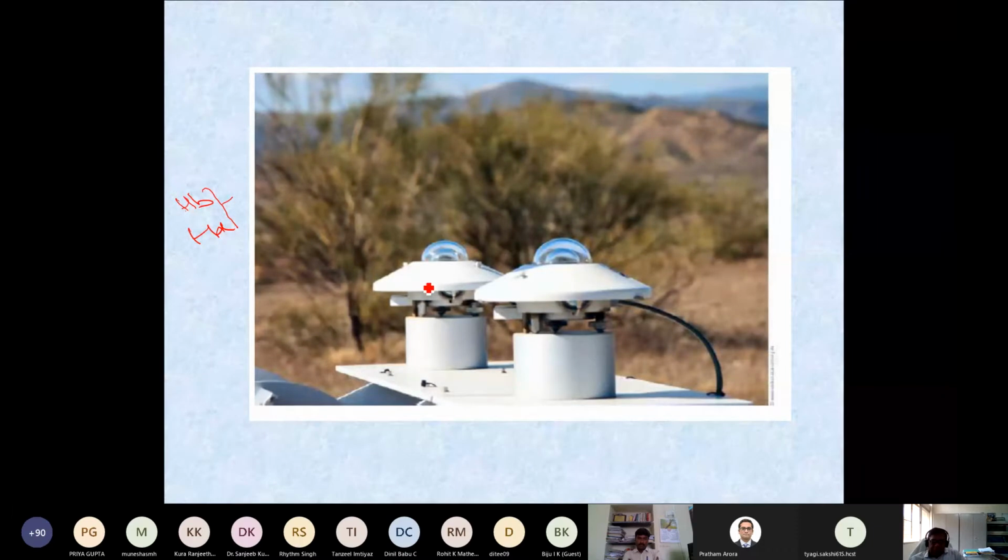How? They use two solarimeters of the same range and same accuracy, everything the same, and install them at one location. They put one solarimeter, this sensor, under a shadow ring. That is the one extra attachment they put here.